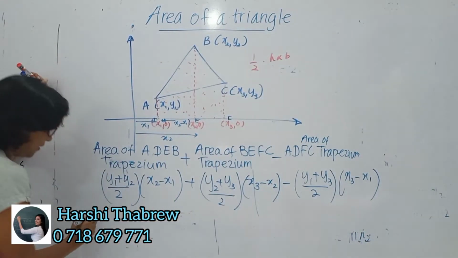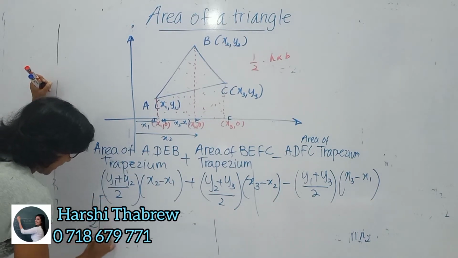Then you have to simplify it. Half is common. Half can be taken out of the brackets.